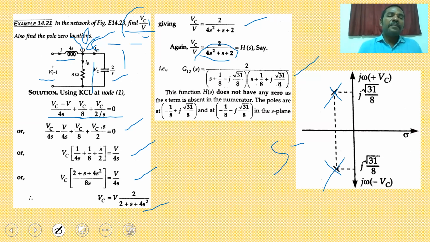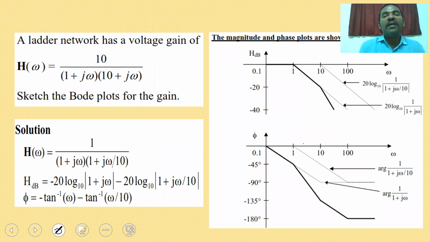So similarly, how do you go for the Bode plots, or magnitude and phase plots? Here I have taken a Bode plot. So the given transfer function is 10 divided by 1 plus j omega into 10 plus j omega. Okay, so H of omega is equal to, I am dividing by 10, 1 by 1 plus j omega into 1 plus j omega by 10.